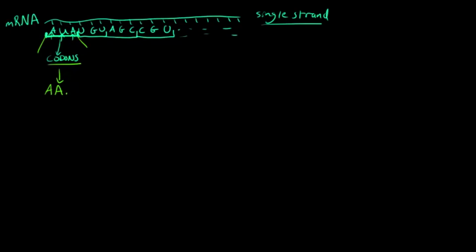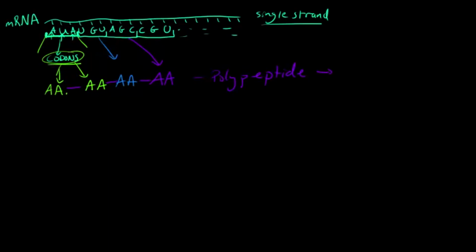This codon might code for one amino acid, and this codon might code for the same amino acid, but maybe this codon codes for a different amino acid, and they'll be linked together by the ribosome, and this will be our polypeptide chain, which eventually, as it folds into its tertiary and quaternary structure, becomes a protein.